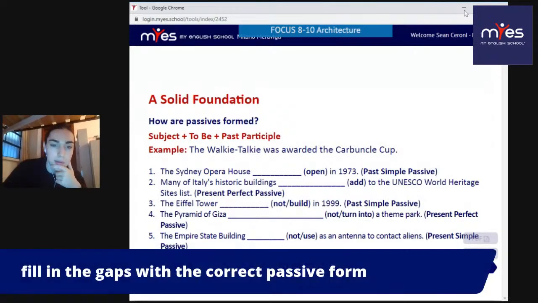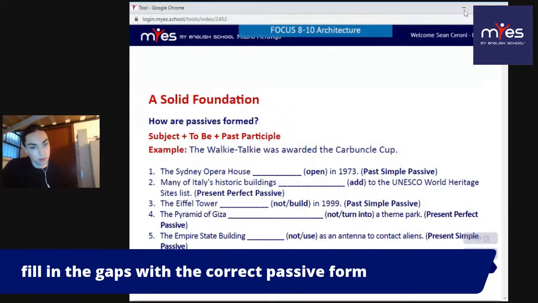Fill in the gaps with the correct passive form. I will read through these, leaving a gap, and I want you to, in the comments, write the number and write the verb, how it should be.